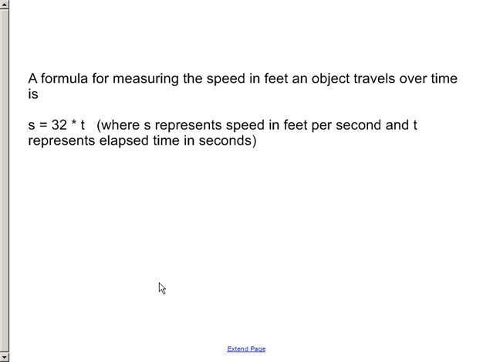So in the previous formula, distance equals 16 times t squared. We got a curved line because that distance got greater and greater as time passed. In this formula, speed equals 32 times t, where t is time. We have a constant increase in speed. And when we have a constant change over time, we end up with a straight line.